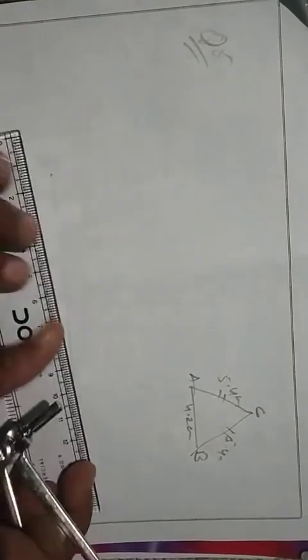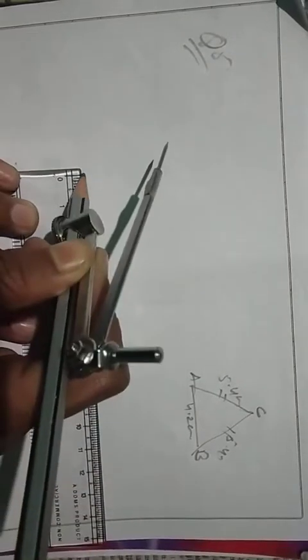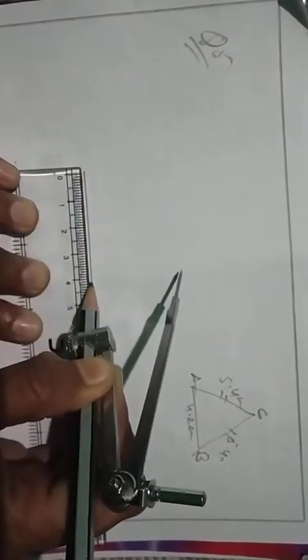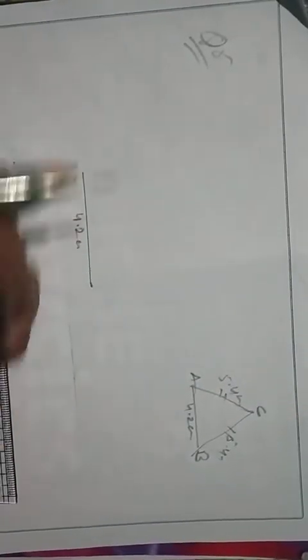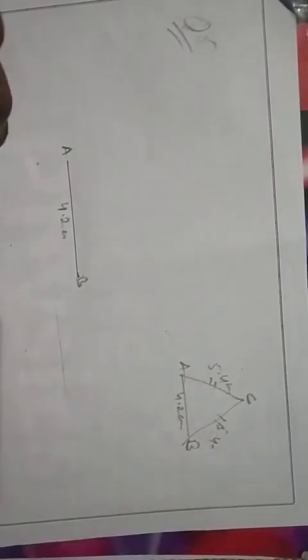Isosceles triangle. So what we are going to do first, draw a line AB here of length 4.2 centimeter. So 4.2 centimeter is here. Okay. 4.2 centimeter AB. Now what I am going to do? I am going to draw these two sides which are 5.4 centimeter.